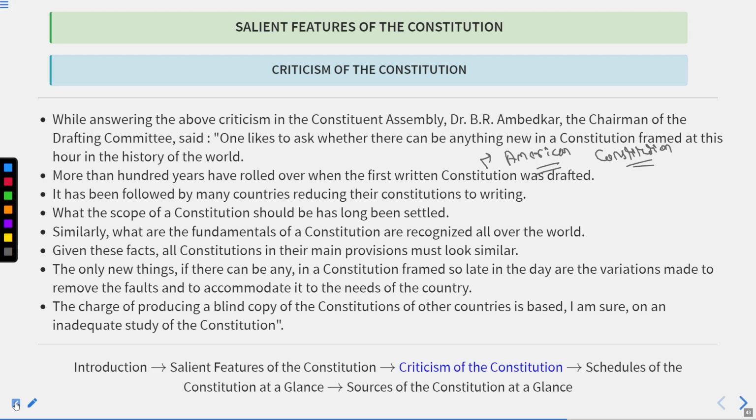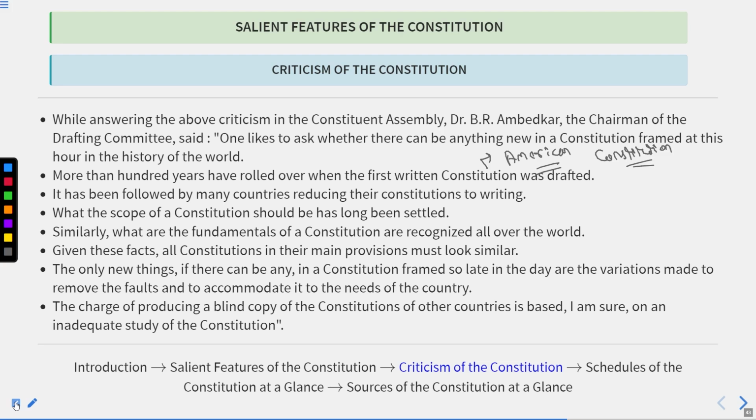Given these facts, all constitutions in their own provisions must look similar. The only new things, if there can be any, in a constitution framed so late in the day are the variations made to remove the faults and to accommodate it to the needs of the country. The charge of producing a blind copy of the constitution of other countries is based, I am sure, on an inadequate study of the constitution.